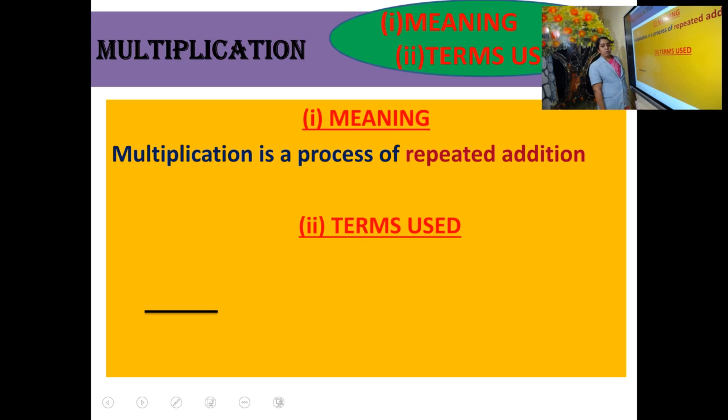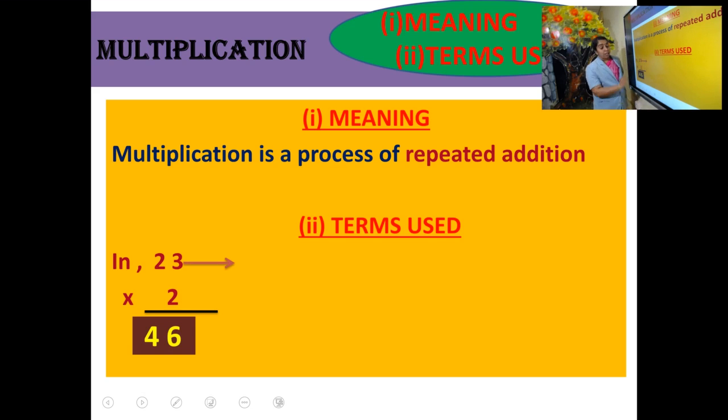Then which are the terms used in multiplication? This is the example: 23 into 2 is equal to... so multiply 23 into 2, how much are you getting? Yes, 2 3s are 6, 2 2s are 4, so the product is 46.